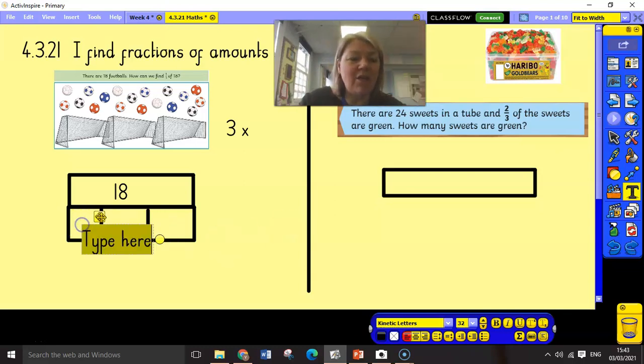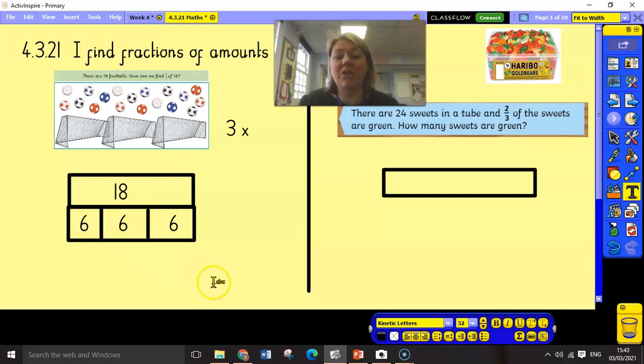So I know that each of these parts must be 6, because I know that they have to all be equal. I can't have 10 in there, 6 in there and 2 in there. That's not how it works, all right? But because I know my 3 times table facts really well, I can use those and the fact family of 18, 6 and 3 to help me solve this problem.